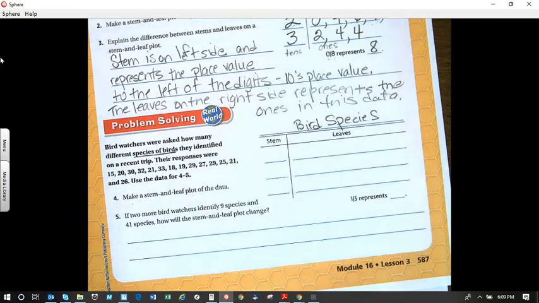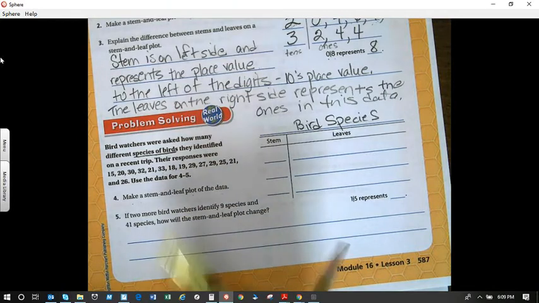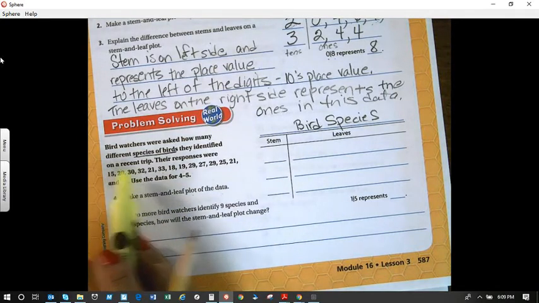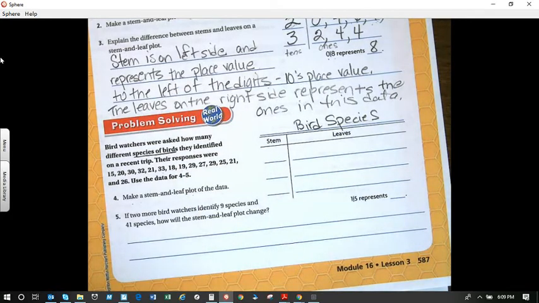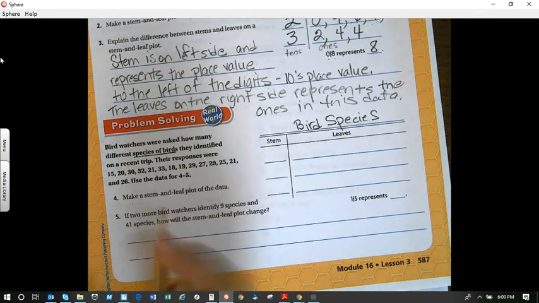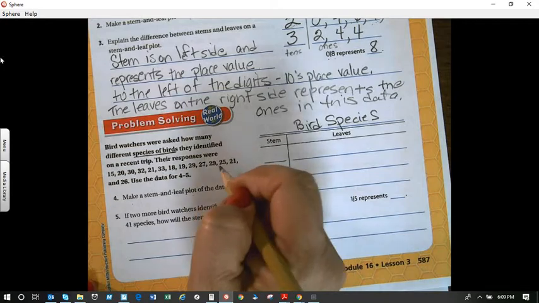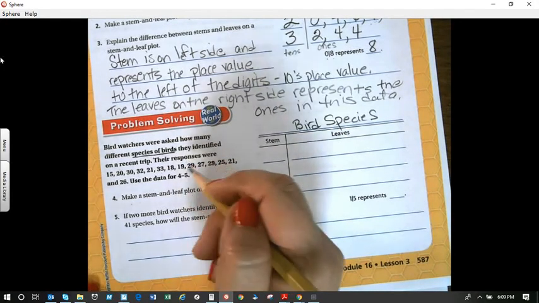Now I'm going to go through and you can just circle; I'm going to highlight so it'll be easier. I'm looking for my smallest number, which is going to be 15.